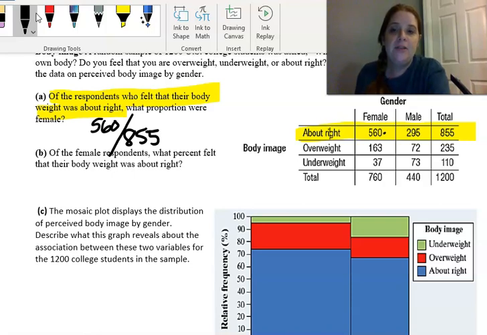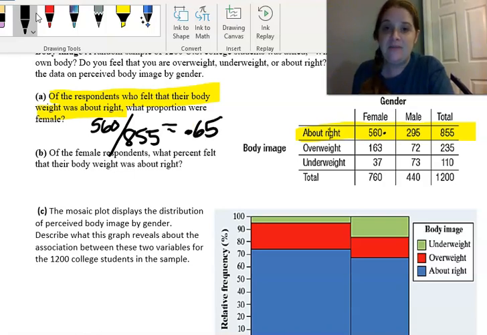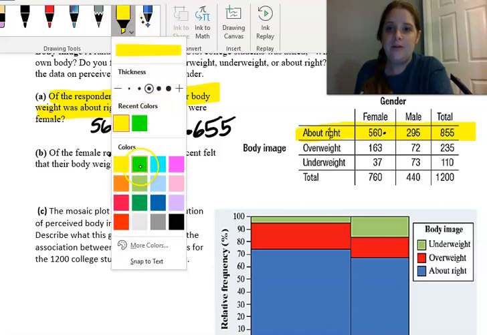Okay. Notice this says what proportion. In general, when you're asked for a proportion, we're usually going to leave that as a decimal between 0 and 1. A proportion, usually looking for that 0.655 here.